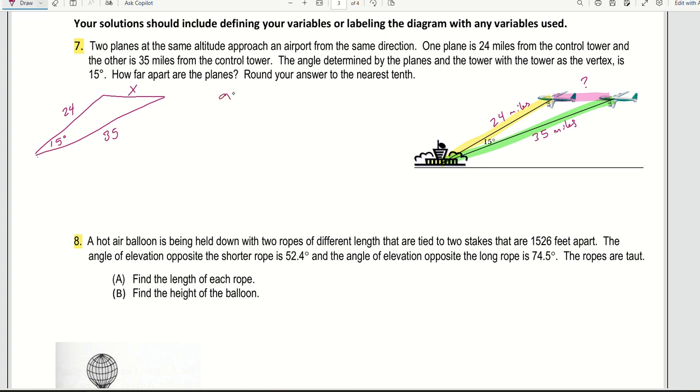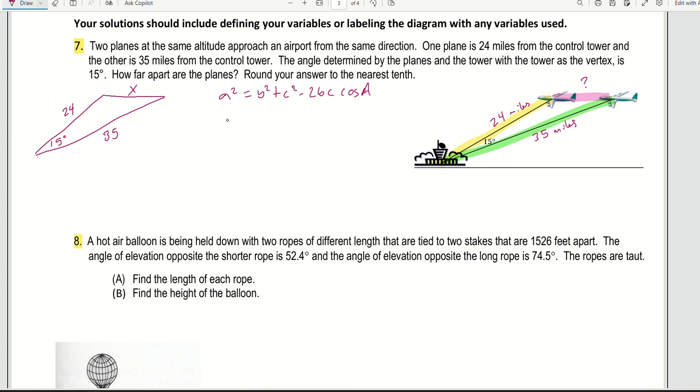The formula for law of cosines is a squared equals b squared plus c squared minus 2 times b times c times cosine of big A. Lowercase a, b, and c are just the side lengths, and the big capital letters are the angles that are opposite each side length. So the fact that I'm looking for this side, I know its opposite angle.